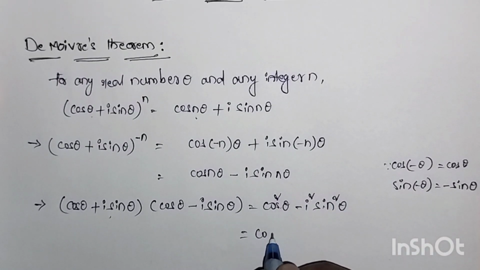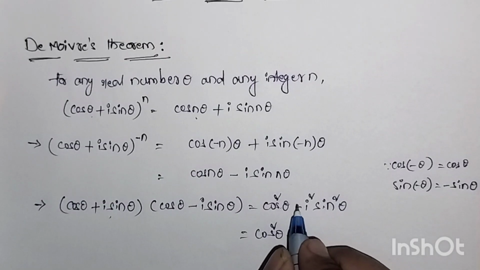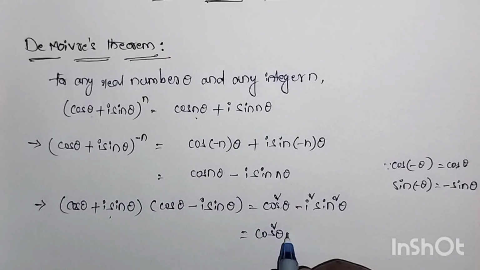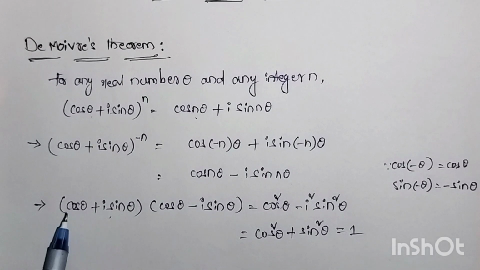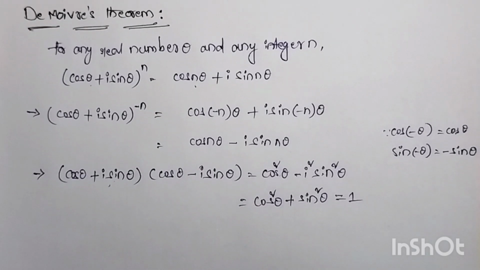This is in the form (a plus b)(a minus b), and the formula is a square minus b square. Here i square is minus 1, so minus minus plus sin square theta. So cos square theta plus sin square theta is equal to 1. So (cos theta plus i sin theta) into (cos theta minus i sin theta) equals 1.